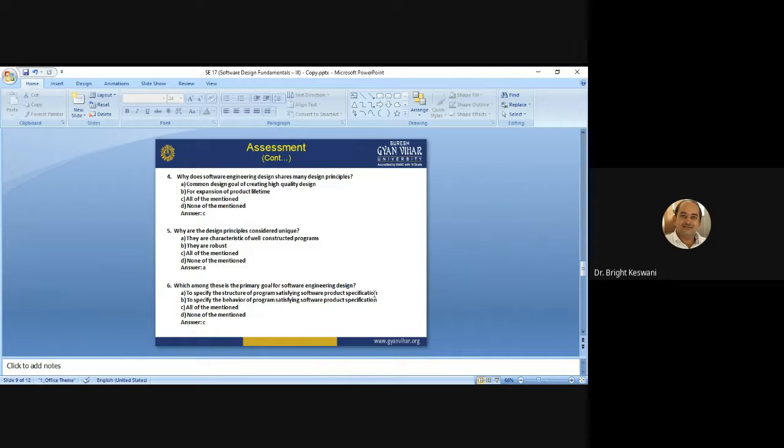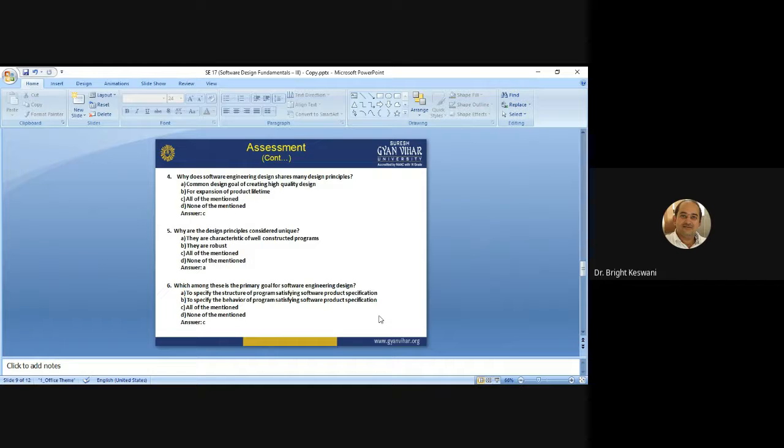The sixth question, which among these is the primary goal for software engineering design? A, to specify the structure of program satisfying software product specification. Second is to specify the behavior of programs satisfying software product specification.